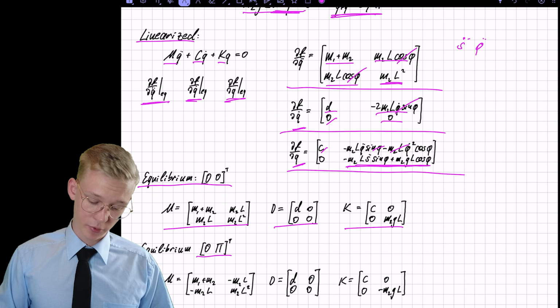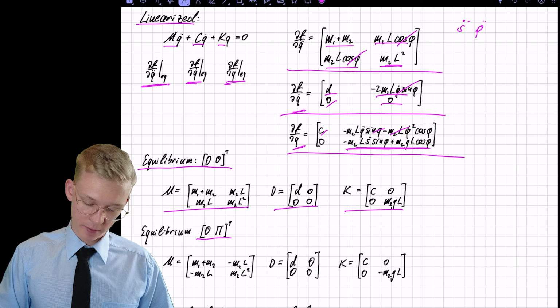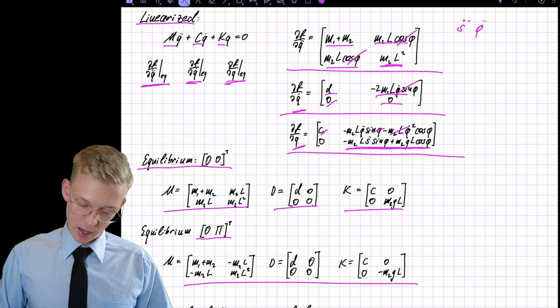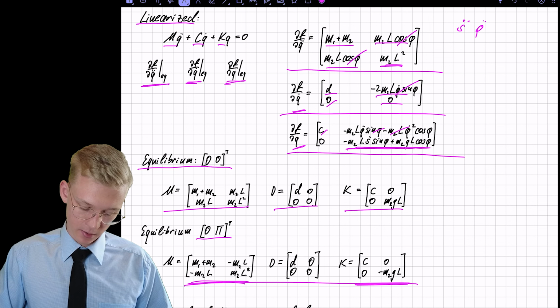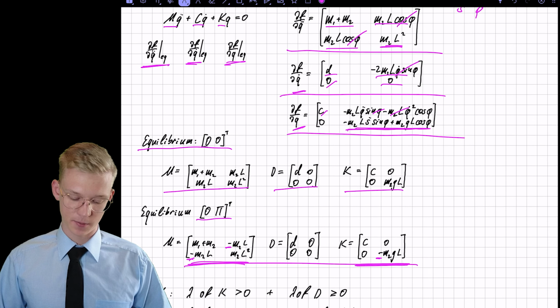Around equilibrium position 0, pi, we have the exact same thing, but the K matrix and the M matrix have a minus sign here and here, and this has a minus sign there.